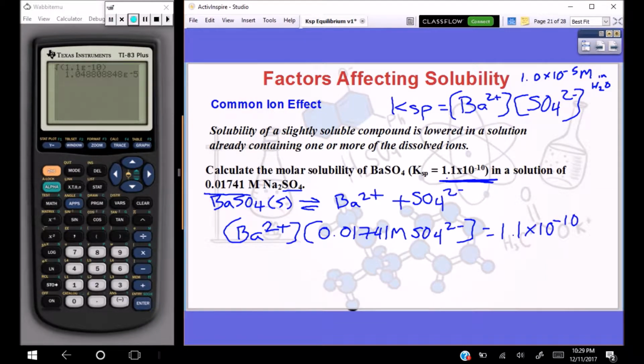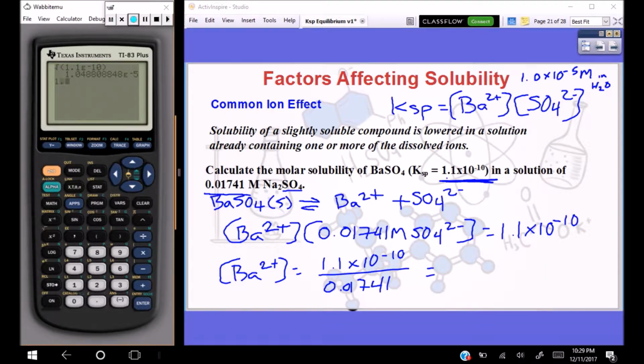So solve for X. Essentially, the concentration of barium, the molar solubility that we're looking for, is going to be equal to my KSP divided by 0.01741. Okay, so 1.1 e to the negative 10th divided by 0.01741.